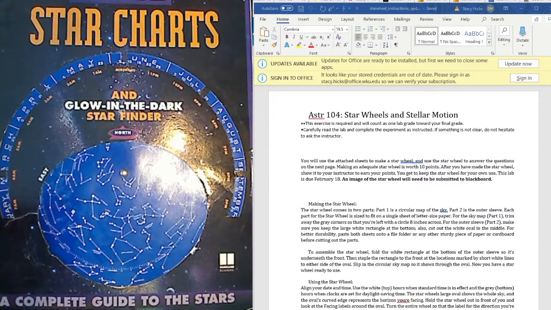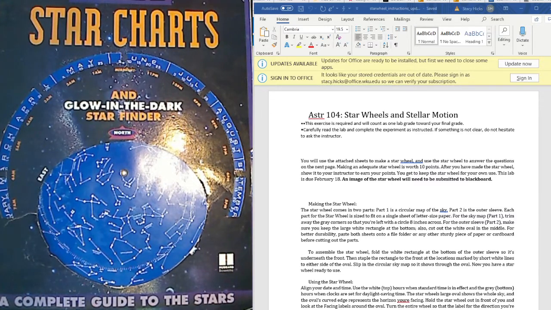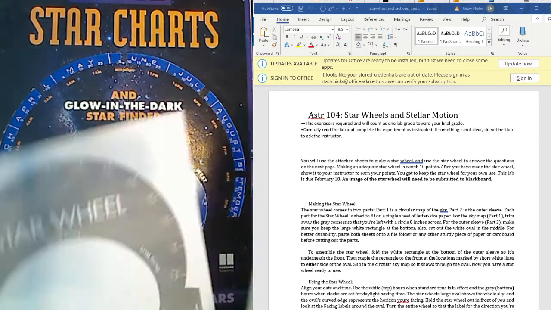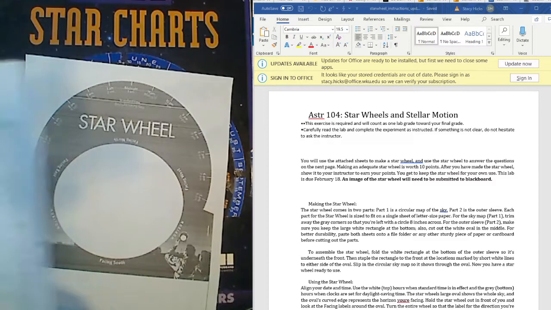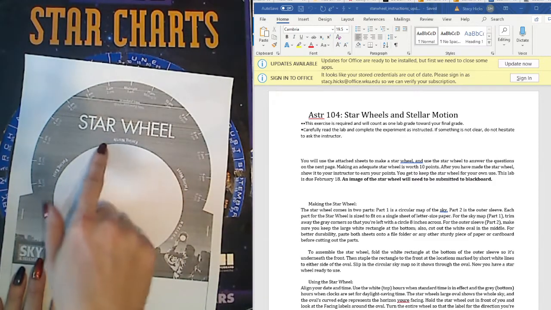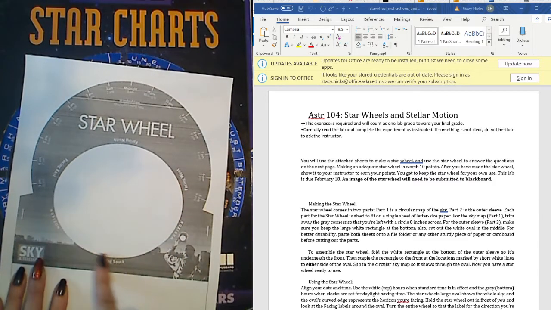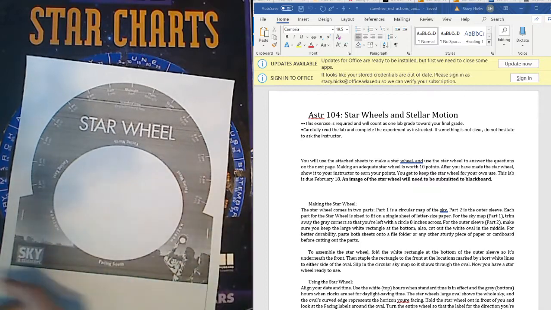In this lab, you're going to answer some questions using the star wheel that you make. When you make this, you're going to take some scissors and cut out this inner loop, and then you'll cut out this.